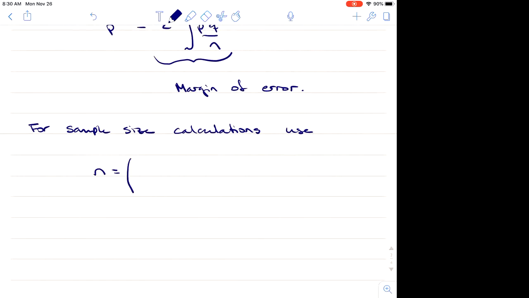Usually I would derive it with you, but you only need to know the formula. N, your sample size, is going to be your Z star over M, which is your margin of error, all squared, times P star Q star.